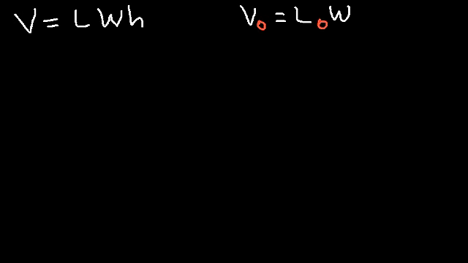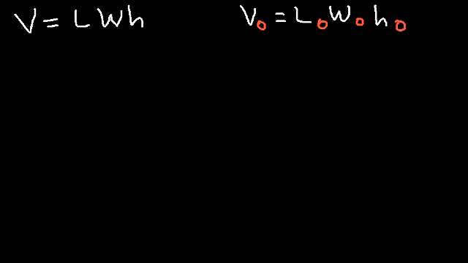Now earlier we talked about area and how to calculate it using alpha. This time we're going to talk about how to calculate the change in volume using alpha as well. The new volume is the length times the width times the height. The original volume is the original length times the original width times the original height.